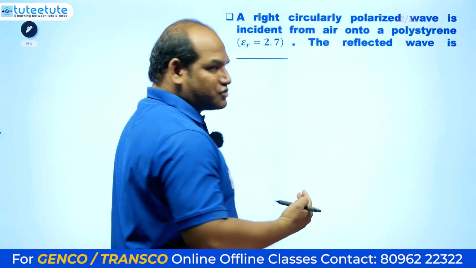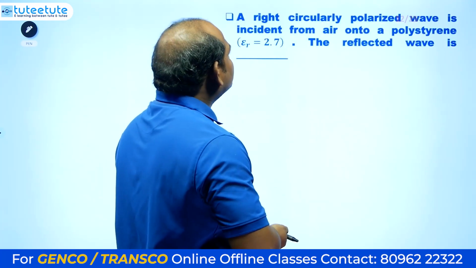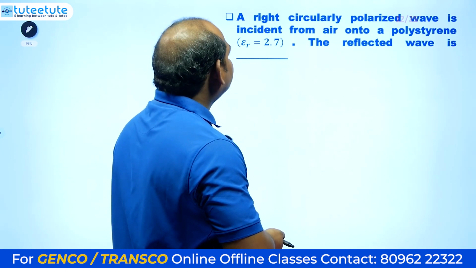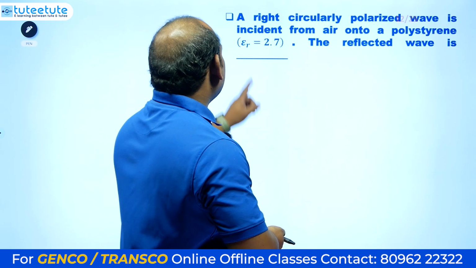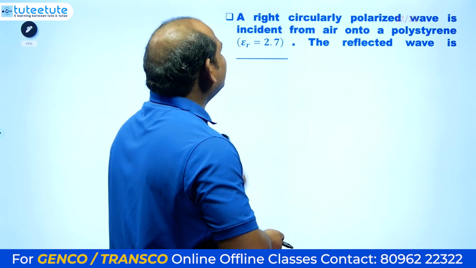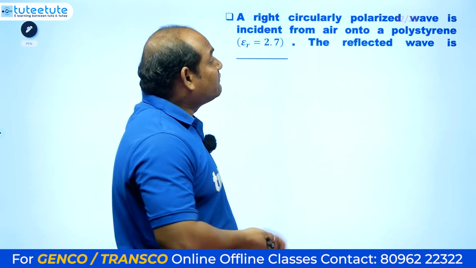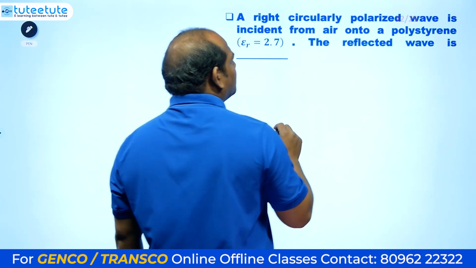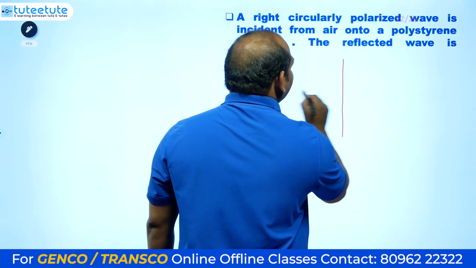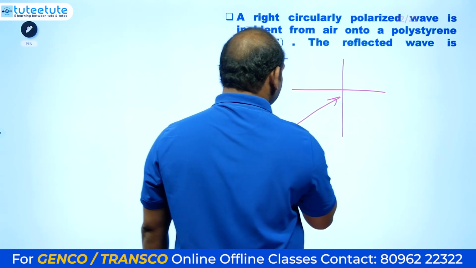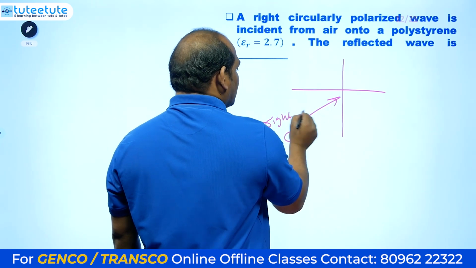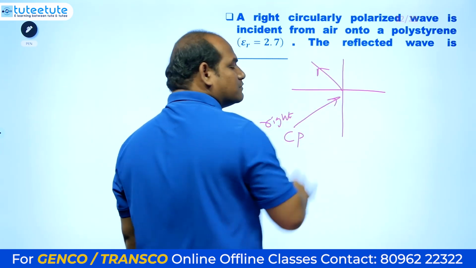Okay, next question. A right circularly polarized wave is incident from air onto polystyrene having dielectric constant, or relative permittivity, of 2.7. The reflected wave: again, we need to comment on the polarization. One thing you need to remember, we are sending this right circularly polarized wave, and they are asking about the reflected wave.